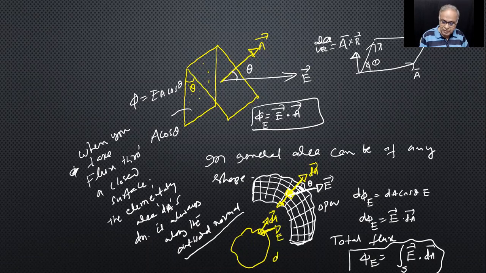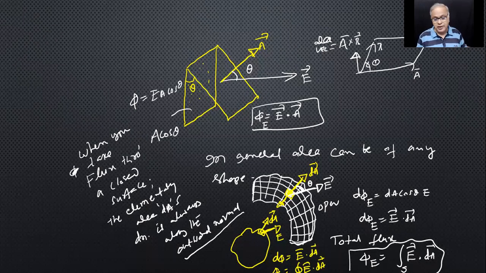So d phi will be E dot dA. Phi E you can write as the integral over the closed surface of E dot dA like this. Come on, there are 1, 2, 3, many points were mentioned.